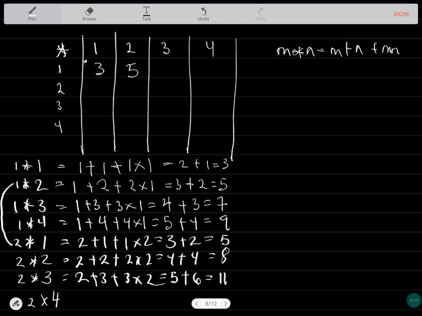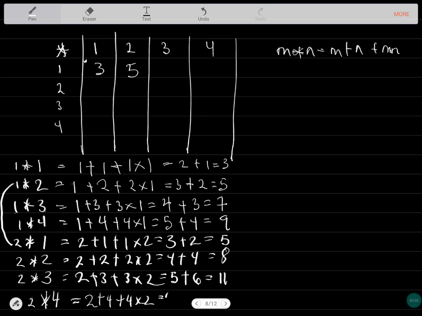Then 2 star 4 would be 2 plus 4 plus 4 times 2.